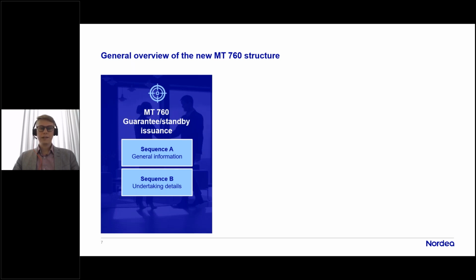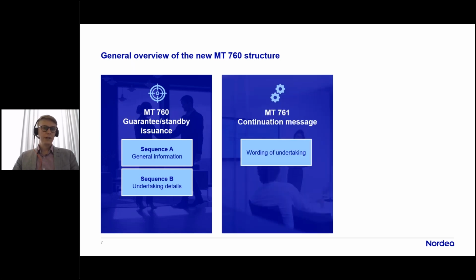So if Nordea is issuing a guarantee, this would then be Nordea's guarantee in sequence B. Then if the text is very long, we might have a continuation message, MT761, which will then contain the wording of our guarantee. So we have fields in sequence B, the narrative fields, which can be continued in the continuation message MT761.